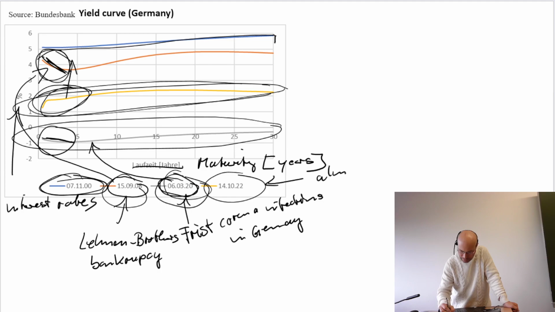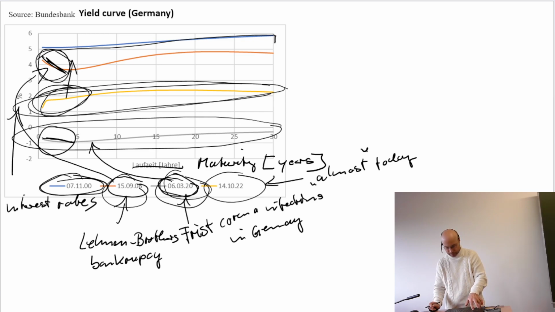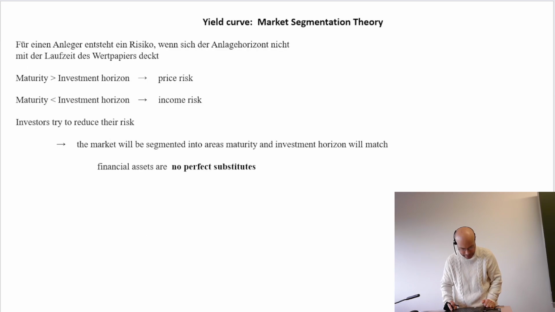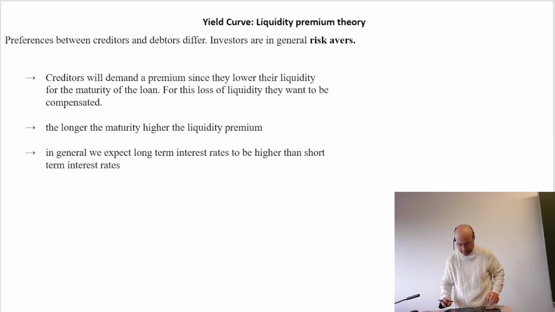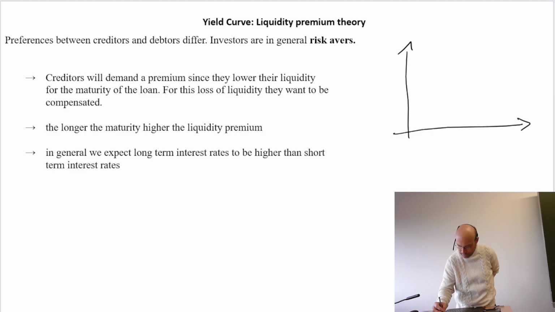Okay, and then let's also talk about the argumentation why we call this a normal yield curve or maturity.